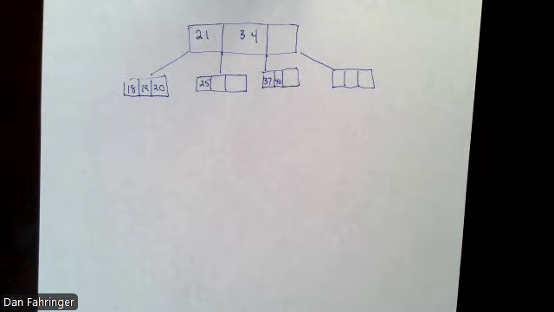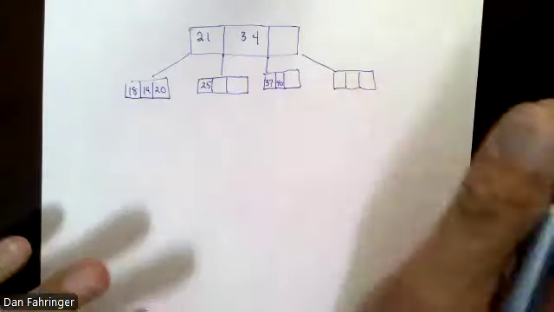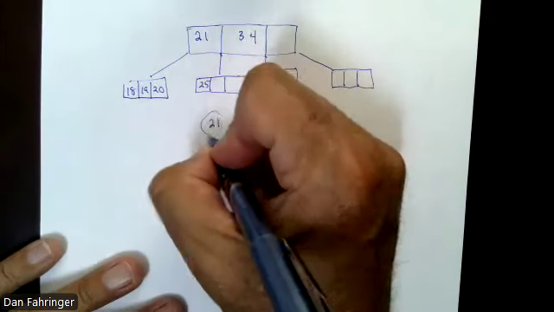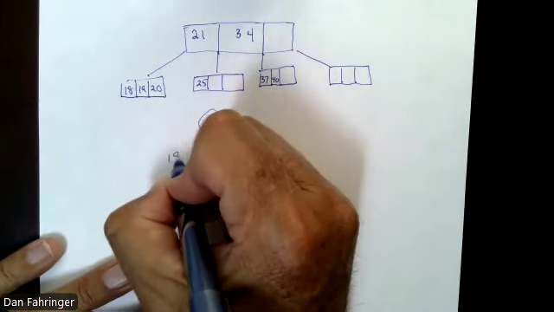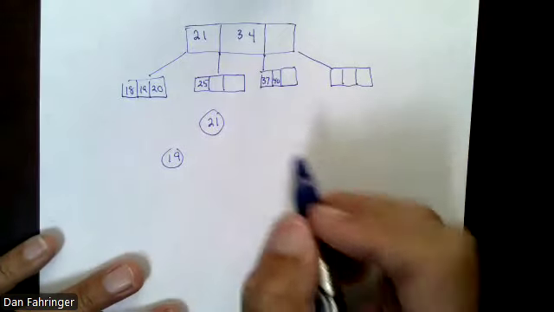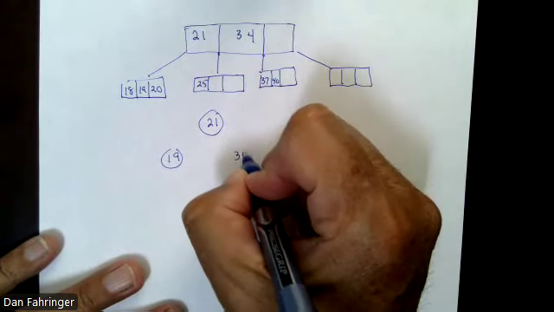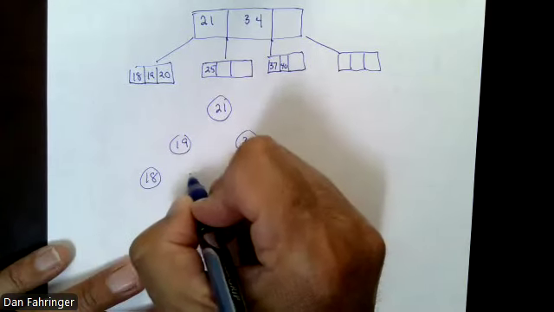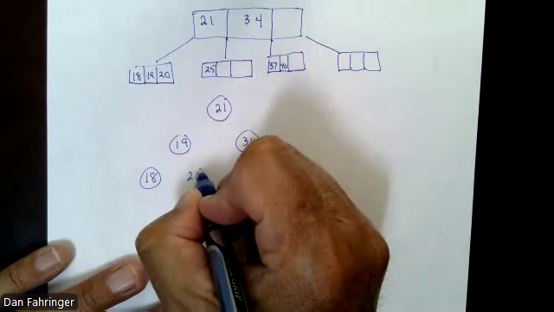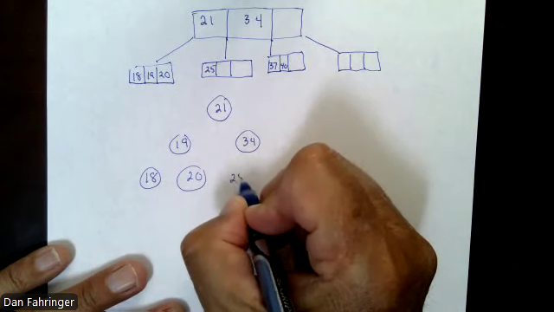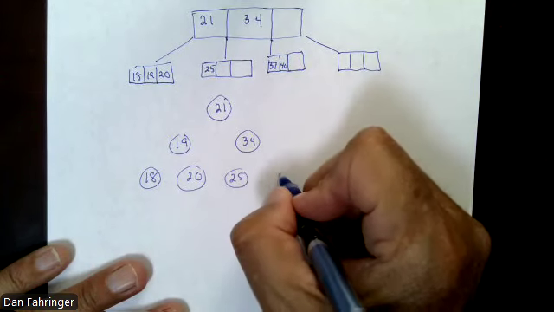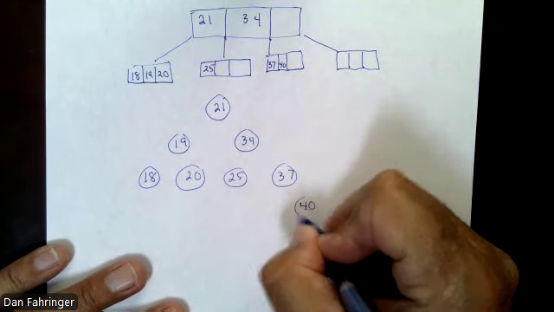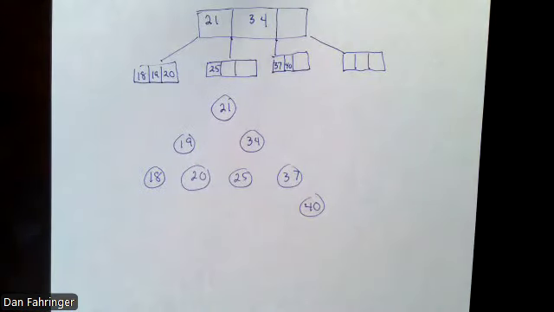A red black tree is going to be similar to it, but it will look like this: 21, 19, and I'll show you what all this is in a minute: 34, 18, 20, 25, 37, 40.